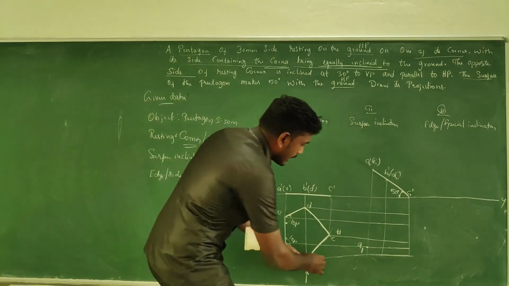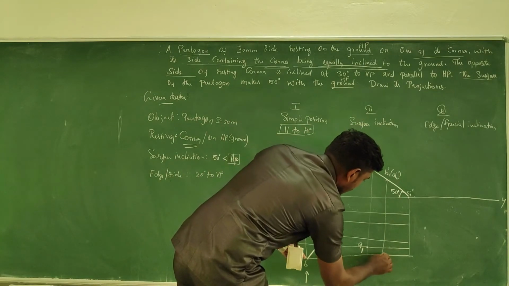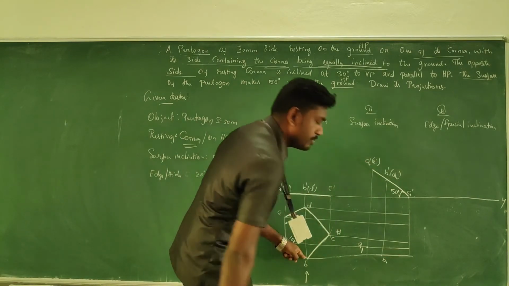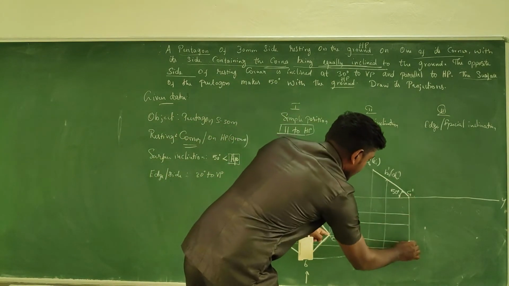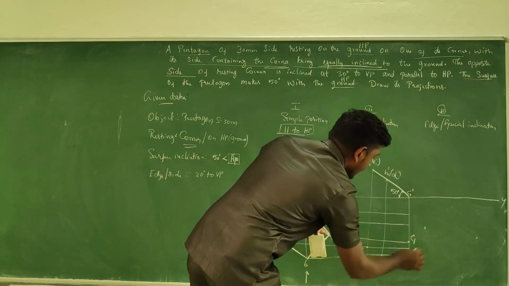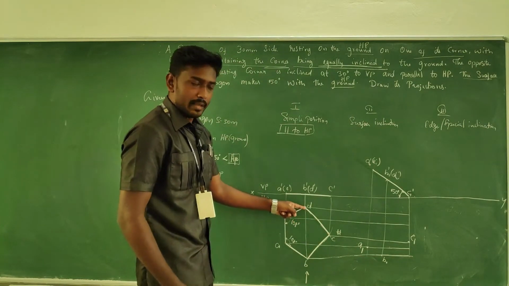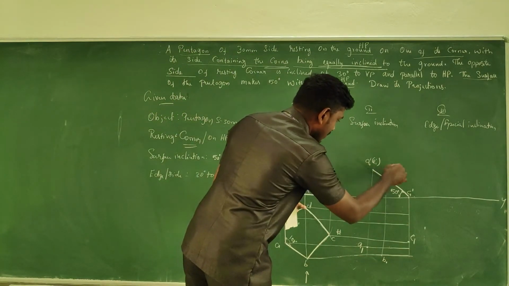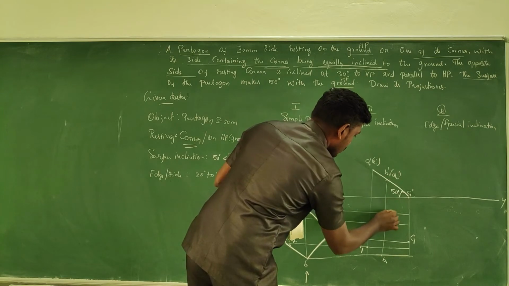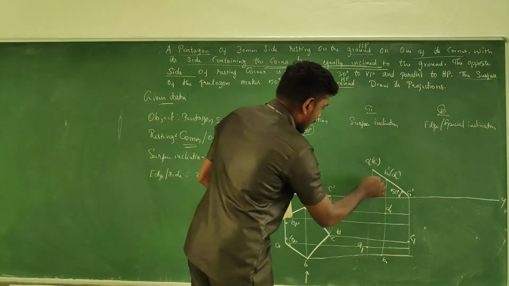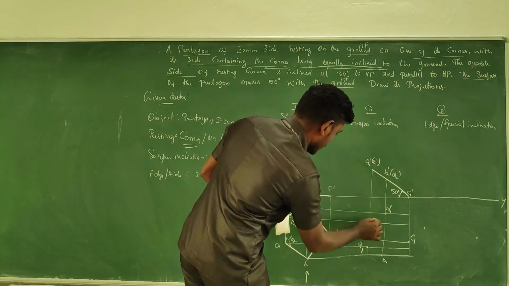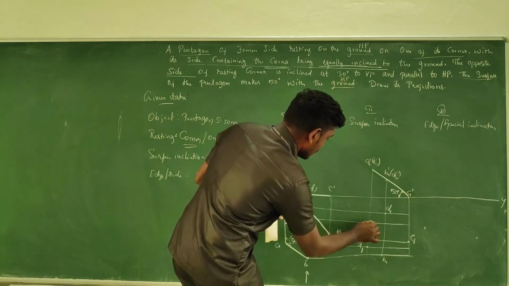Where is B? B horizontal and B vertical meet at this point, B1. C horizontal and C vertical meet at this point. This becomes C1. D horizontal and D vertical, where it is here. So this is D1. E horizontal and E vertical, so this makes E1.